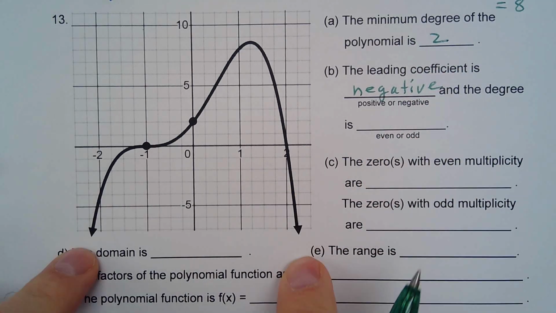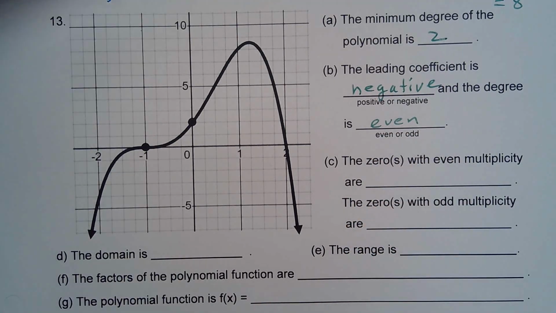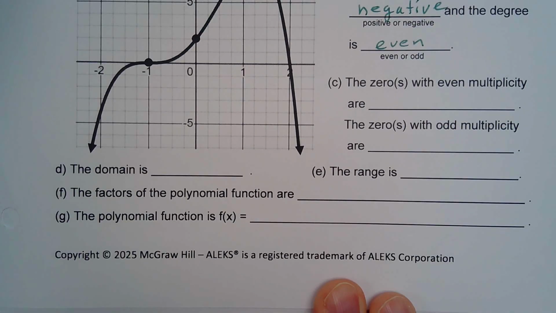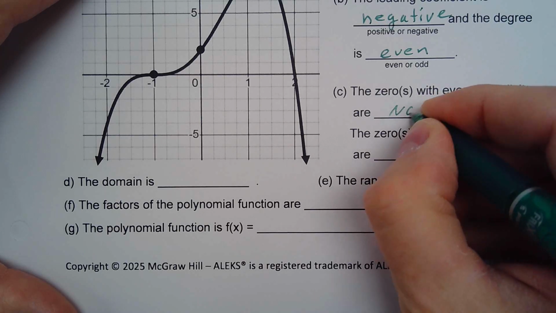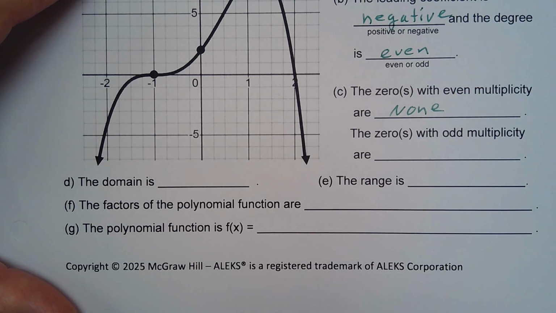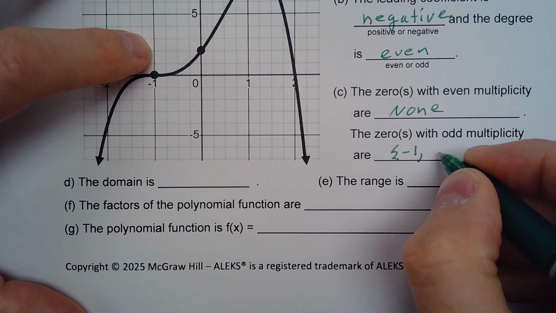And since they're going the same direction, power is going to be even. Zeros with even multiplicity, none. Zeros with odd multiplicity, well, we got one at -1 and 2.